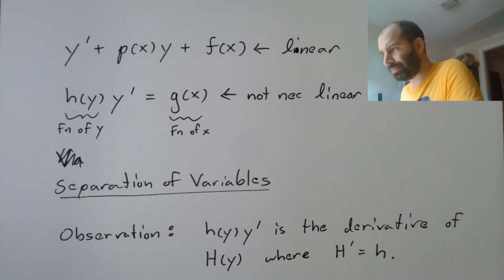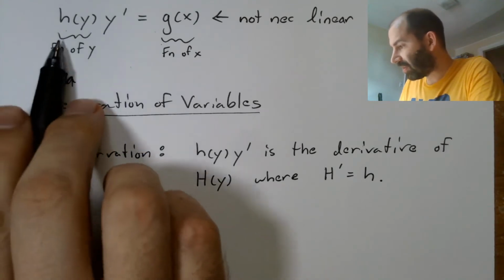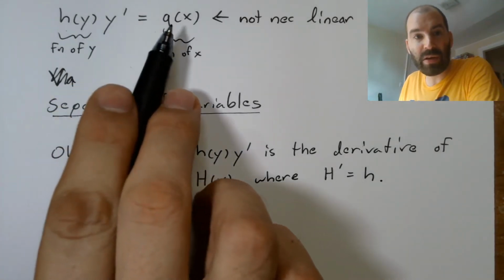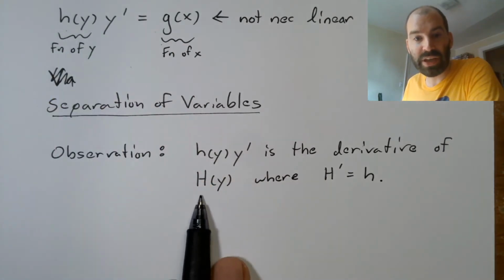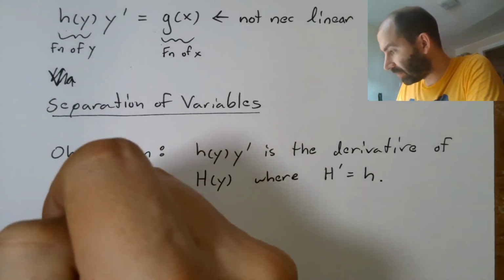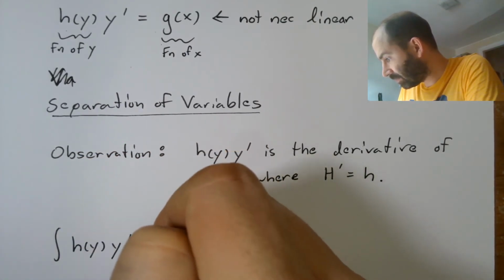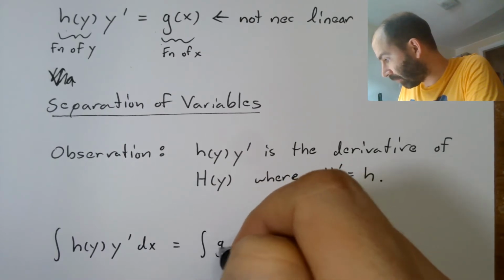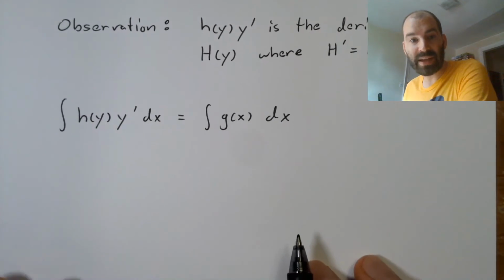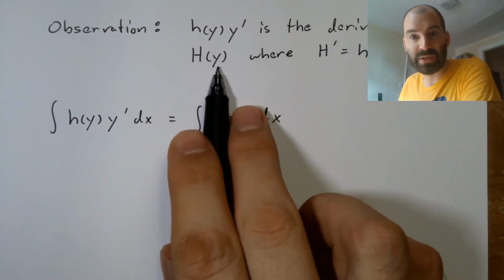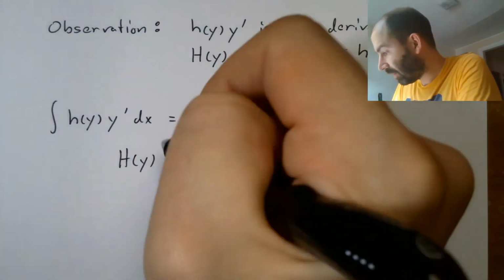So what that means is that if we want to solve this differential equation, it's just a matter of anti-differentiating both sides, and the antiderivative of the left-hand side is just capital H of y. Okay, so in other words, if I take that differential equation and anti-differentiate both sides with respect to x, the left-hand side just becomes this function, whatever it might be, hopefully we can find it, H of y.